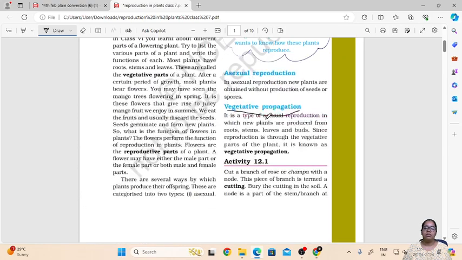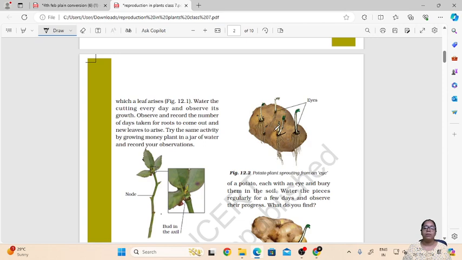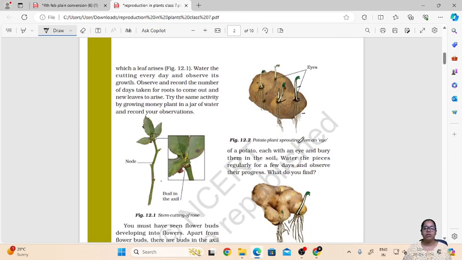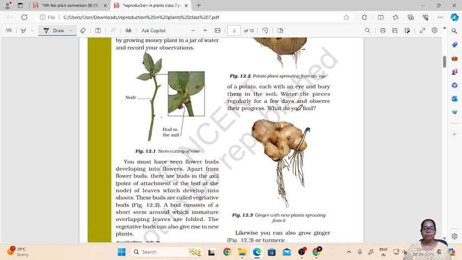So potato is an example of how buds can give rise to a new plant. So here a potato develops small buds which will further develop roots and the shoot, which will individually develop into a new plant. So this is how bud formation gives rise to a new plant.